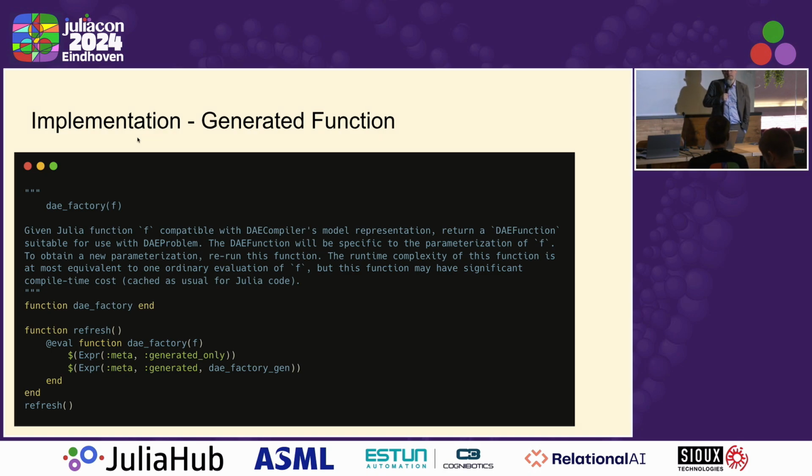But basically, there's a generated function, and if you give it a Julia function that complies with this modeling representation and uses these intrinsics, it will translate that into a DAE function type, which is the SciML base object that you can pass to solvers to integrate the DAE problem.